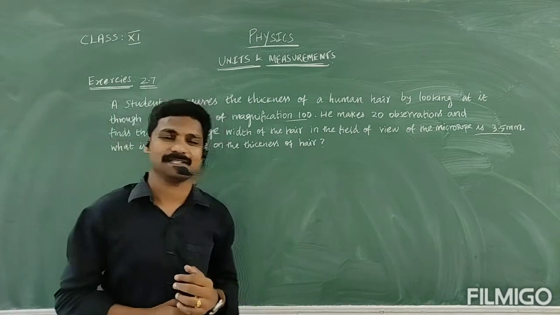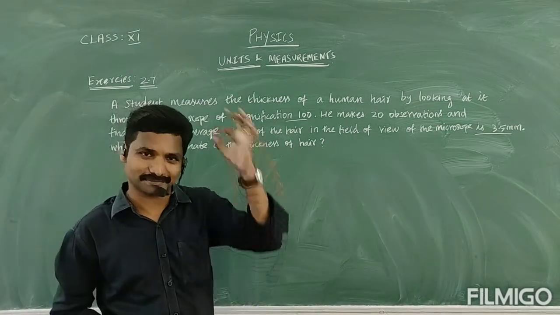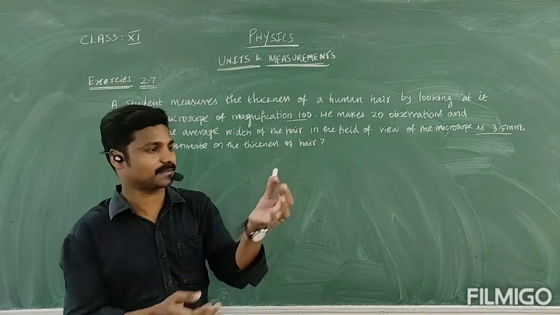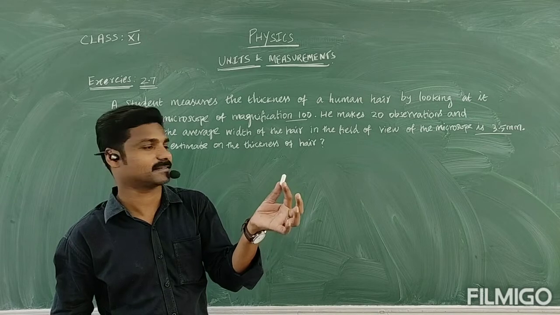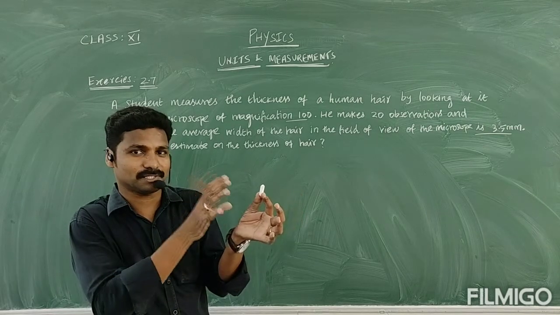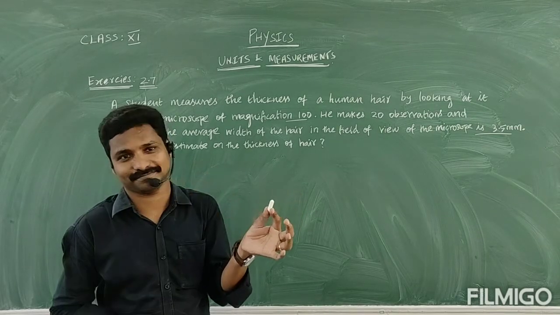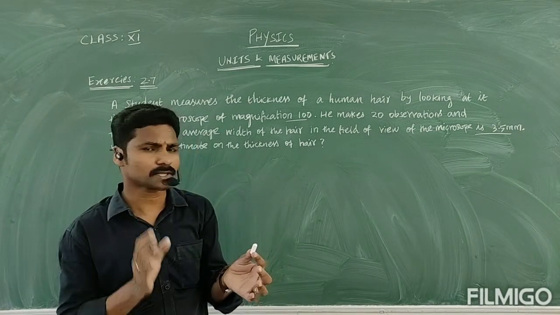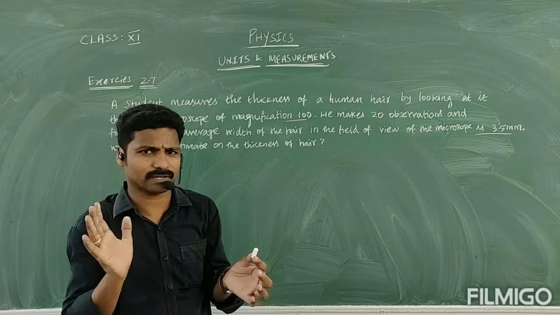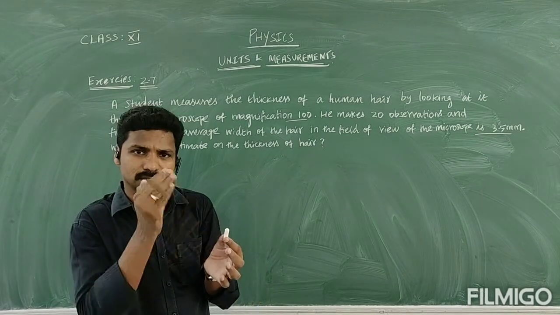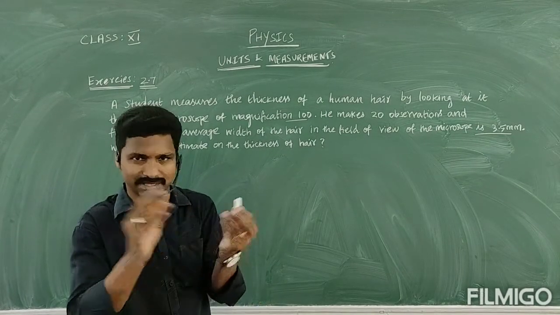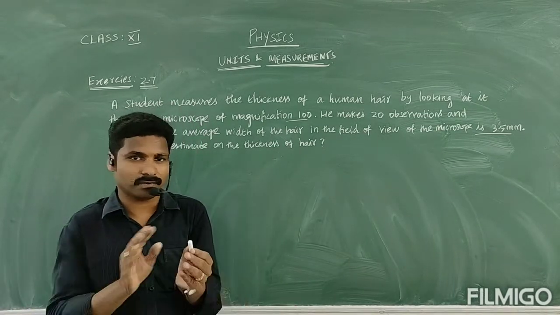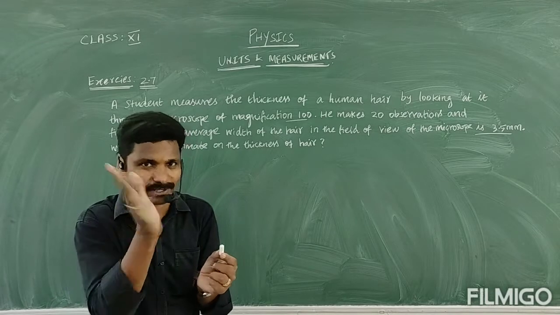A student takes a hair, and he wants to measure the thickness of the hair using the microscope. But you know very well, if you measure the thickness of a hair, a wire, or anything, we will not finalize with one reading.